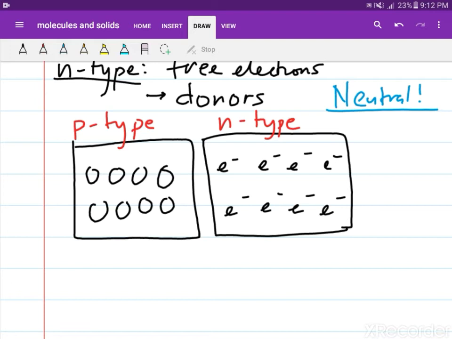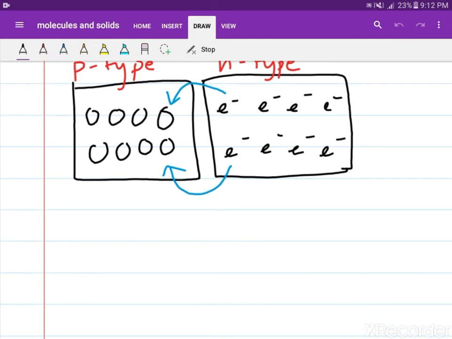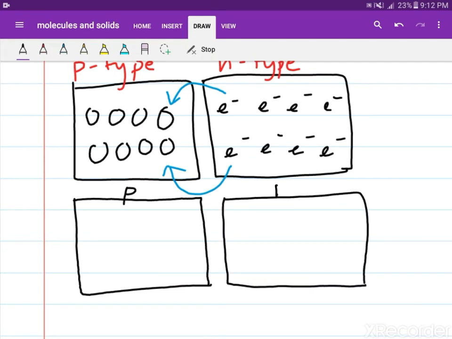So these free electrons will want to migrate towards these holes. So what will happen now is we have the same p-type here, and we have here the n-type.